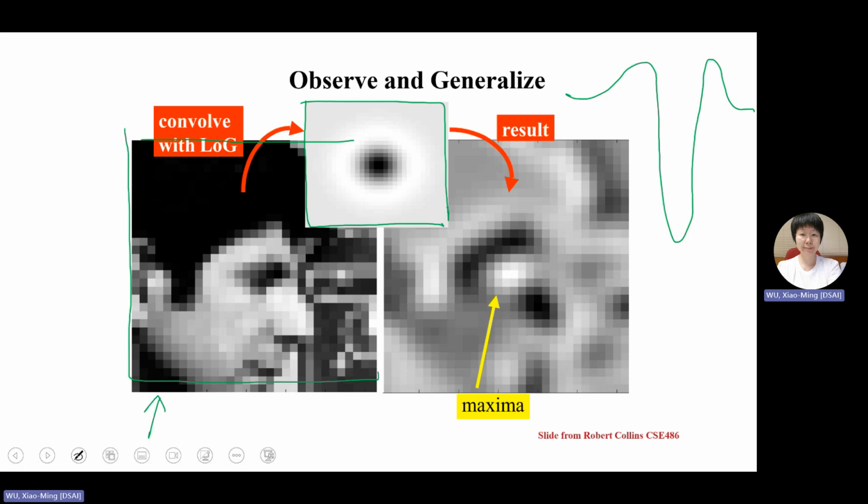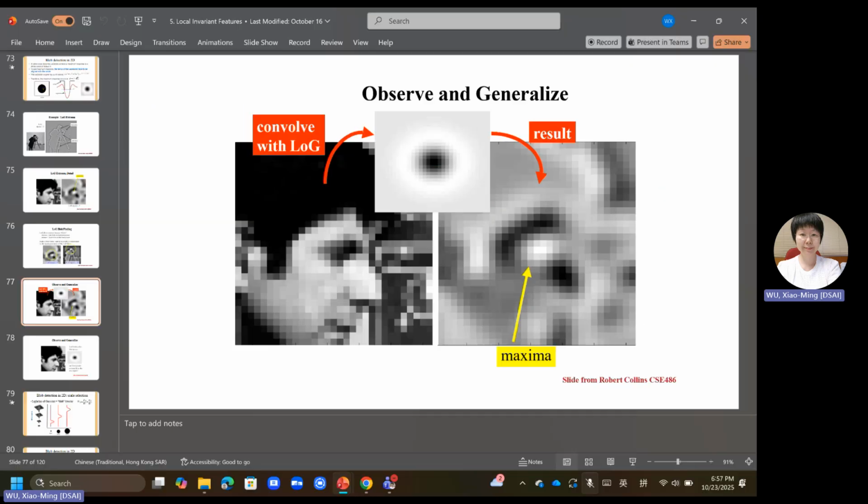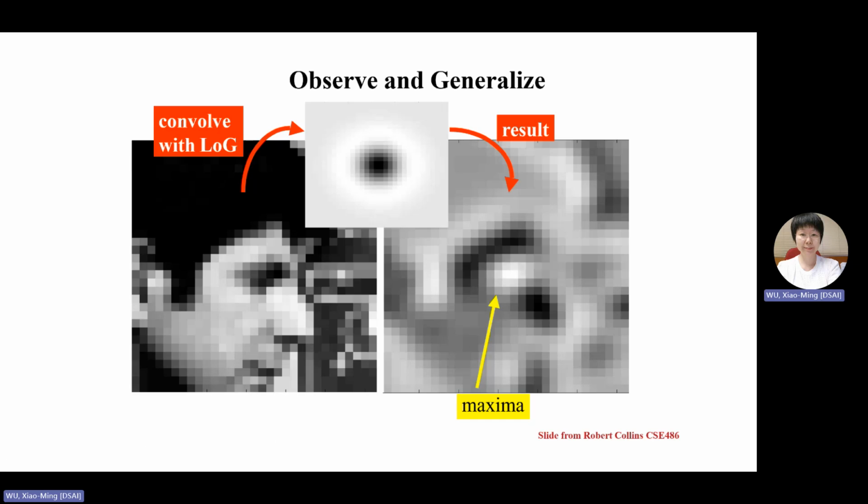The center of the LOG filter is the darkest because it has the smallest value. If we convolve this image with LOG, this is our result, and you can see the highest response is achieved at the center of the eye.